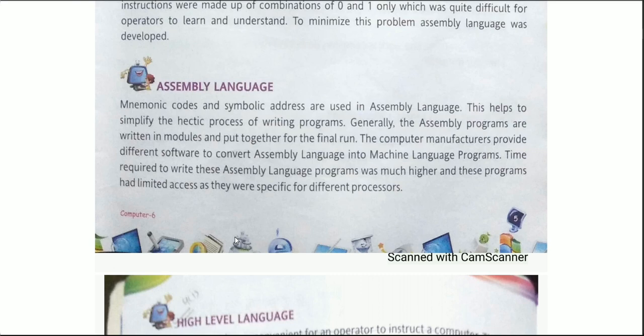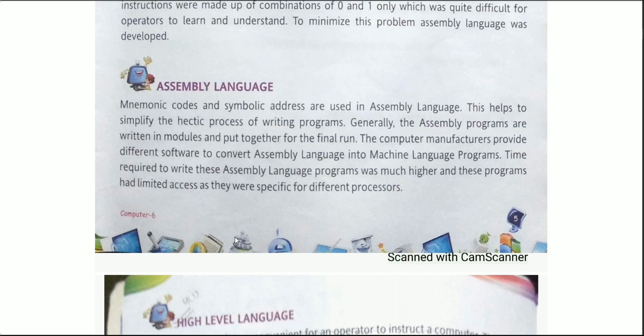A converter is basically a software that converts your assembly language into machine level language, because your computer understands only machine language. So even if you are writing your code in assembly language, you need a special software, and that special software is known as an assembler. Your assembler converts your assembly language into machine language programs.